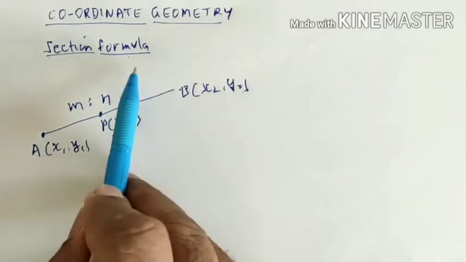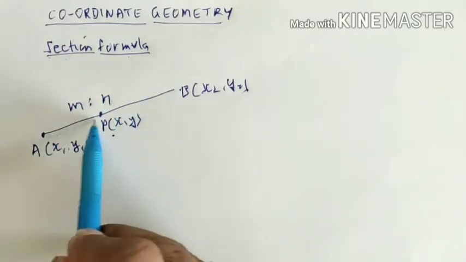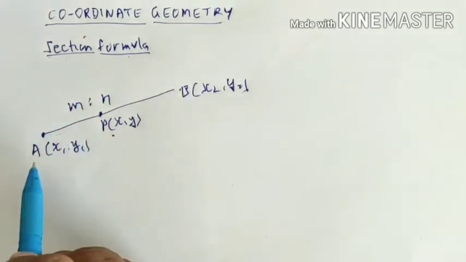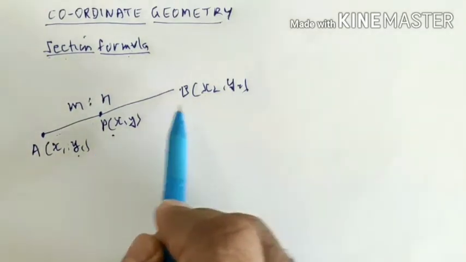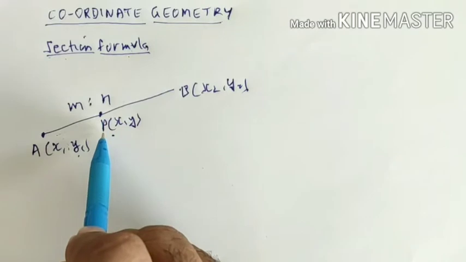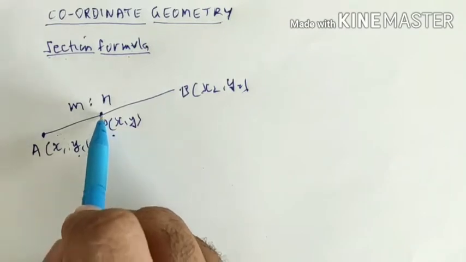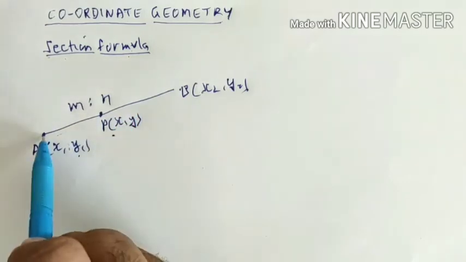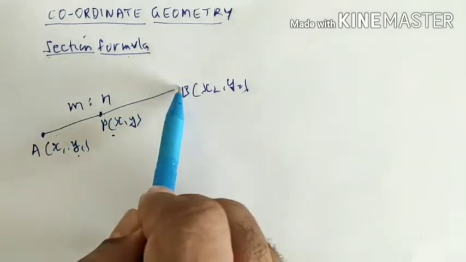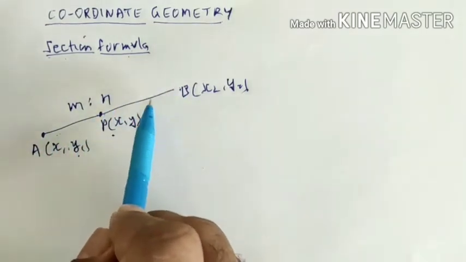So we are studying now section formula. Segment AB is there, coordinates of A x1 y1, coordinates of B x2 y2. We want to find coordinates of point P which is dividing this segment AB in the ratio m:n, or you can say that AP upon PB is equal to m upon n.